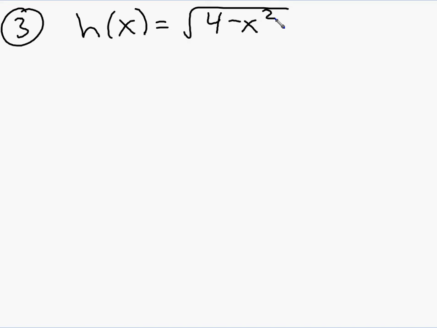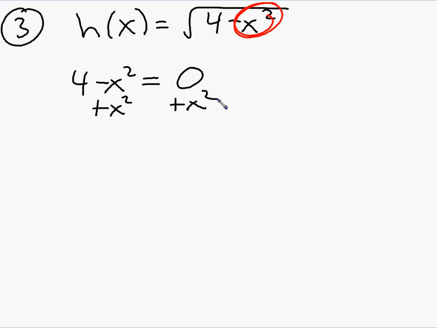So any time that this little expression right here is bigger than 4, don't I have a problem? Right? So the best way to do this problem is to set what's under the radical equal to 0. Just do that real quick. It's a very simple one to solve. Add x squared, 4 equals x squared. So x equals plus or minus 2.